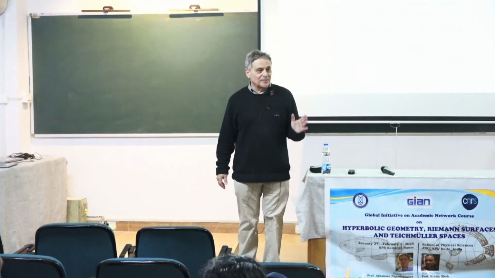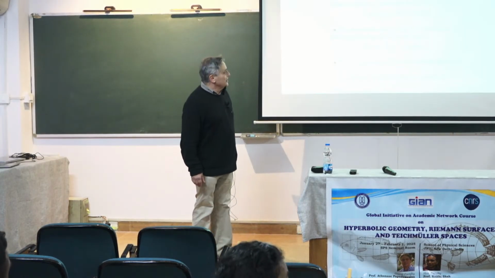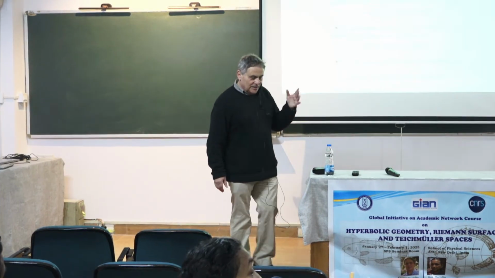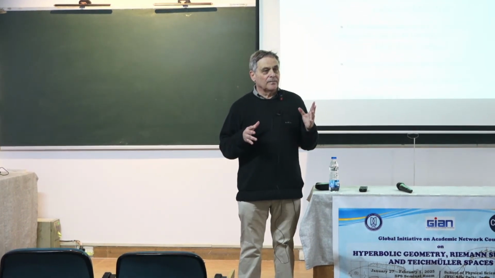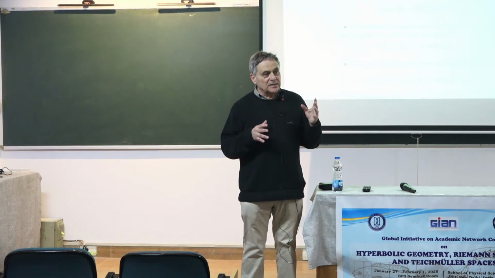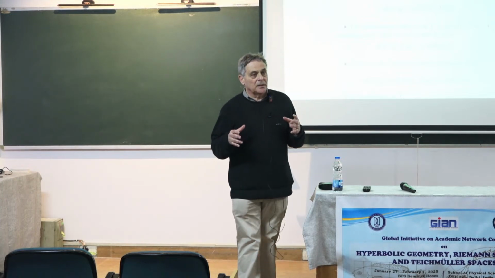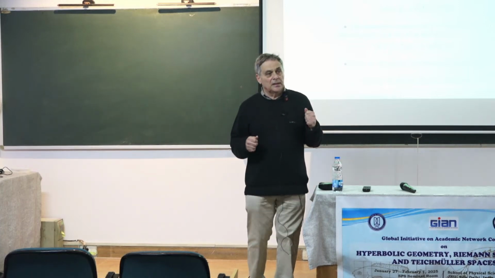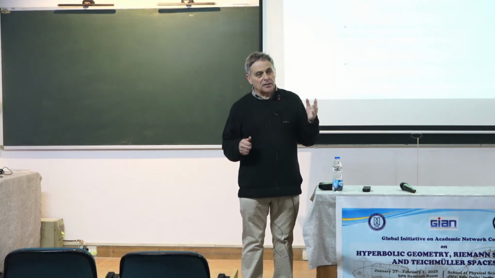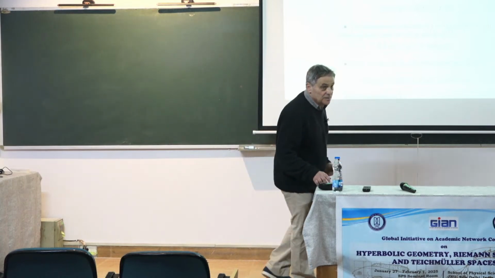Thank you very much first because you're here. We talked yesterday and the days before about different ways of measuring the distortion of mappings from one surface to another surface. The first way was this Lipschitz distortion, which was introduced by Thurston as a metric on Teichmüller space.